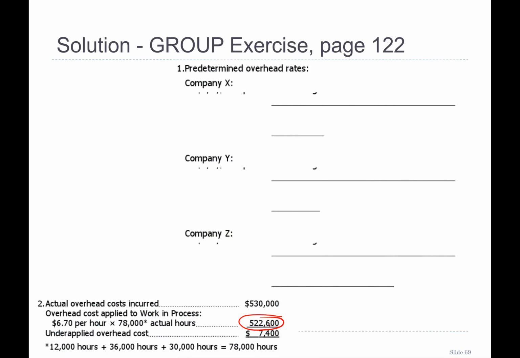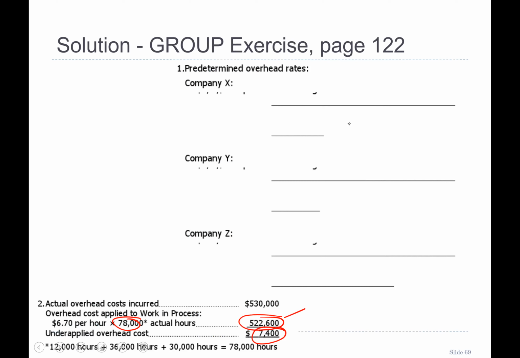So the actual cost was 530,000 based on 78,000, and the estimated was 522,600. So we have 7,400 under applied. Right? Sorry about here, the figures are missing here. So please fill it out.